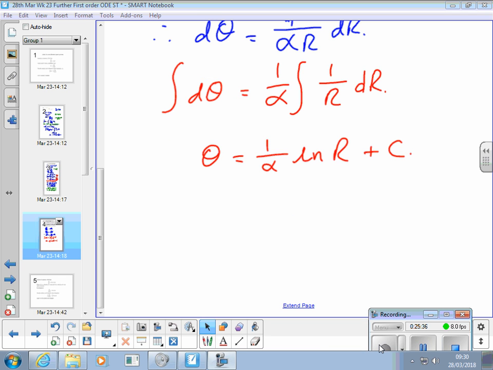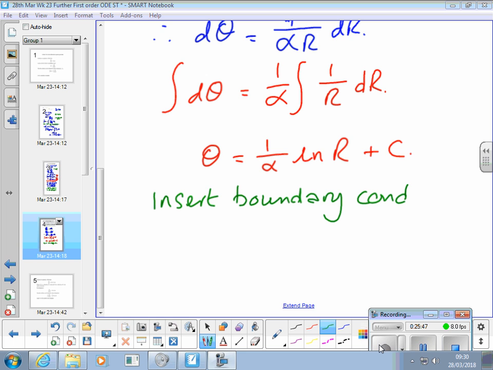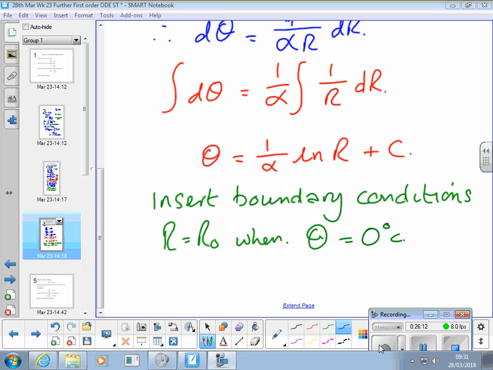So insert boundary conditions, which were R is equal to R0 when theta is equal to 0 degrees C. So we insert them in our function. 0 is equal to 1 over alpha ln R0 plus C.